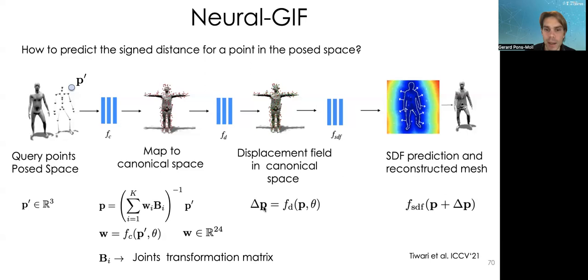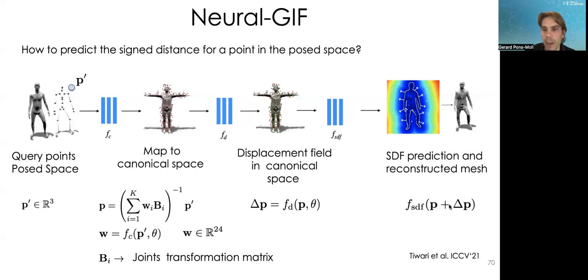So delta P here is a function of P in canonic space and theta, which is the pose. So delta P is actually a three-dimensional displacement field. And now all these red dots have moved to the green dots. And now I can evaluate this SDF, could be an occupancy as well, on this canonic space after deformation.